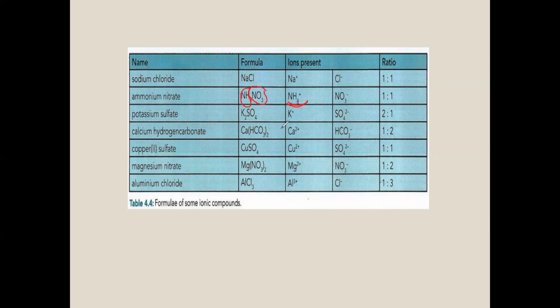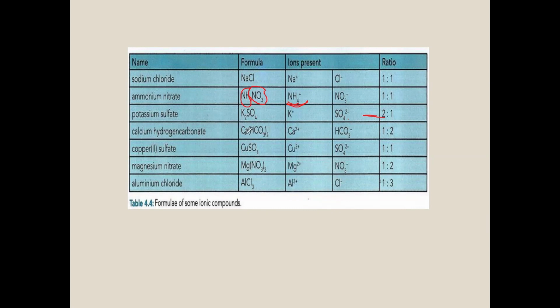Potassium sulfate, potassium and sulfate. Sulfate is a compound or molecular ion, and the ratio is 2 potassium to 1 sulfate. Calcium bicarbonate or hydrogen carbonate. By the way, this is bicarbonate or hydrogen carbonate.